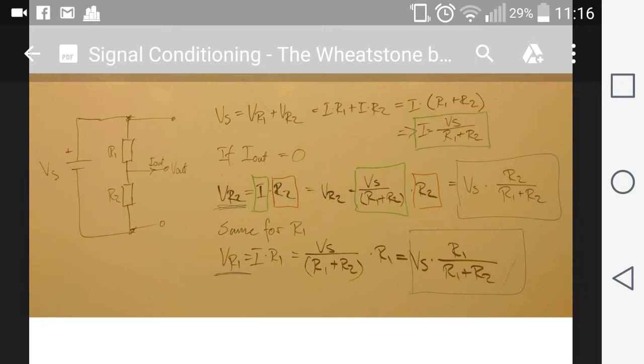So with this we have two equations to calculate the voltage drop over either of these two resistors in series where we have a voltage division. We are going to use this when we look at how the Wheatstone bridge works, so keep this in mind when we are working there.